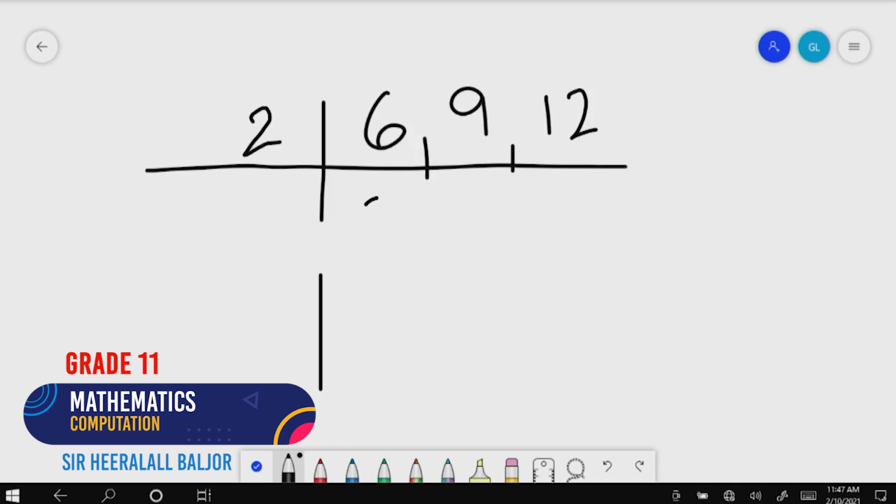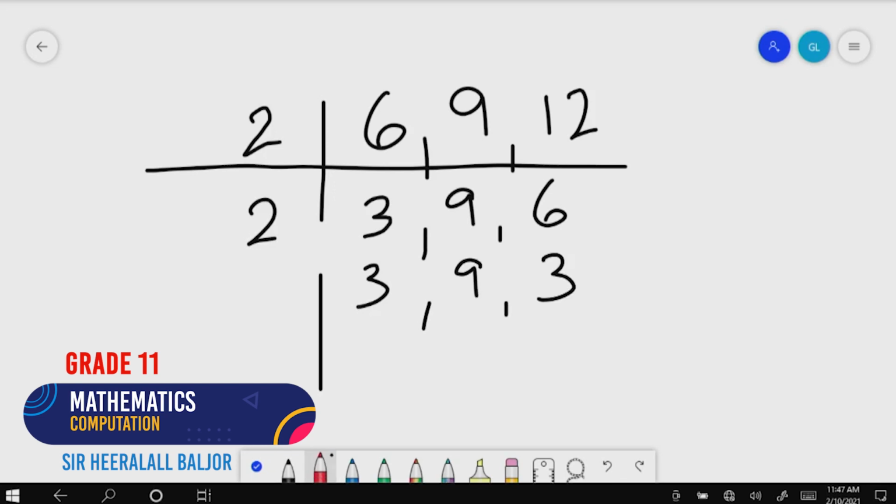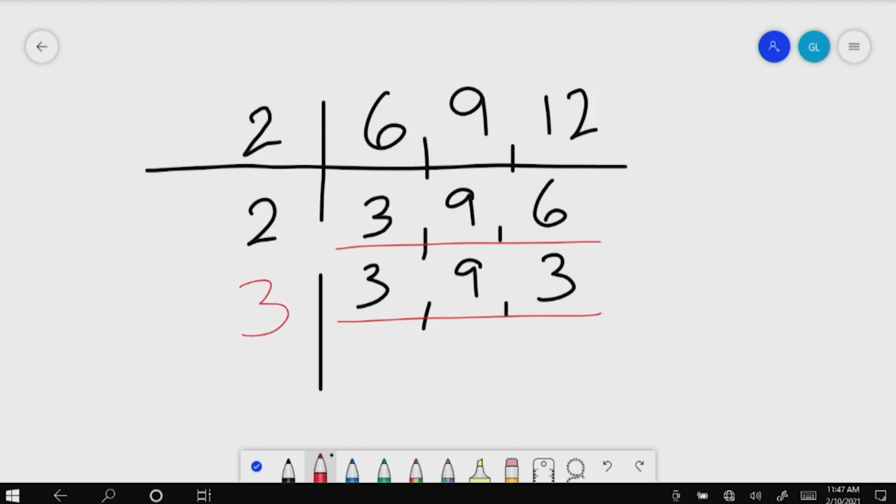you could go by dividing by 2 first, continuously dividing by 2 until the numbers cannot be divided any further by 2. Then we go to the next value of 3 and divide by 3 until the numbers arrive at 1.